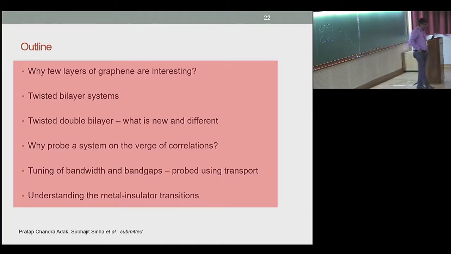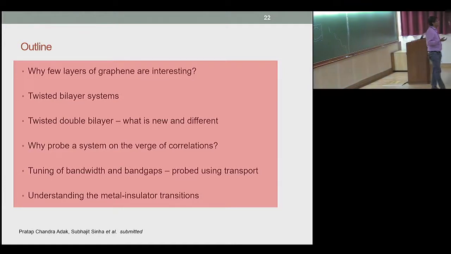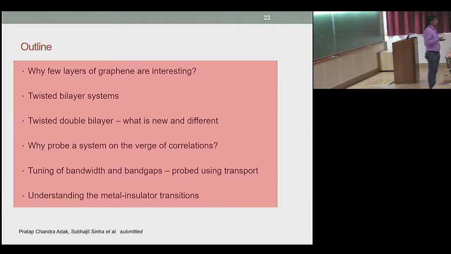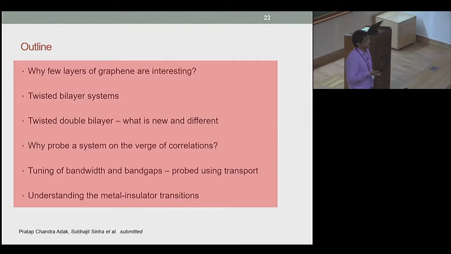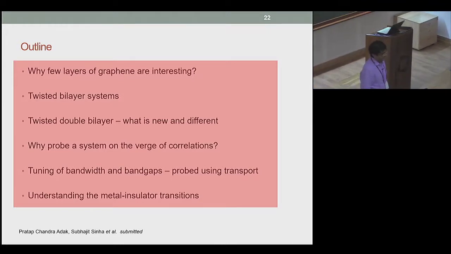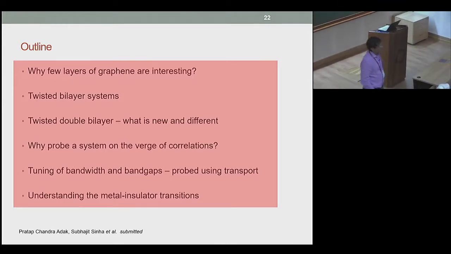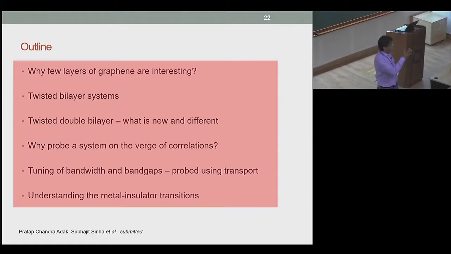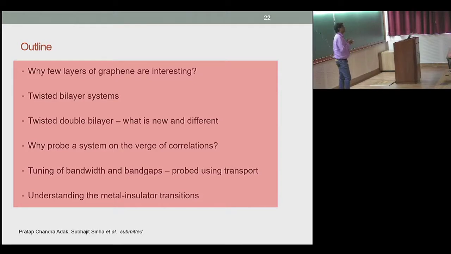But people who have done ab initio calculations on these systems find that the measured evolution of the bandwidth is in very good agreement with measurements done by people elsewhere. So I don't have a very simple picture. Maybe somebody else has, but this is now fairly reasonably well established.